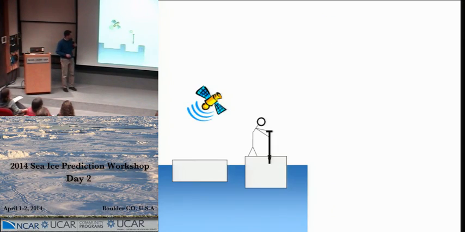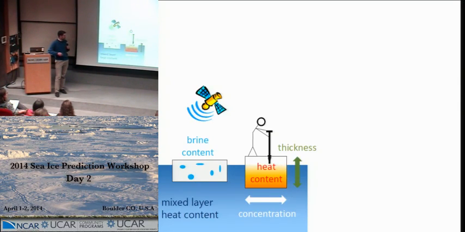Okay, so here's the problem. We know that we benefit from an increasingly large network of observations of the sea ice cover. And still, these observations are very variable, but they're only a small part of the full picture. So they are very valuable, but they're not sufficient to characterize properly the whole sea ice state, the whole ocean state.